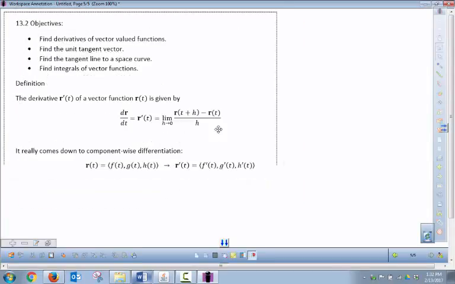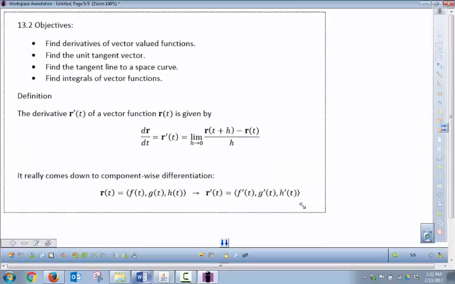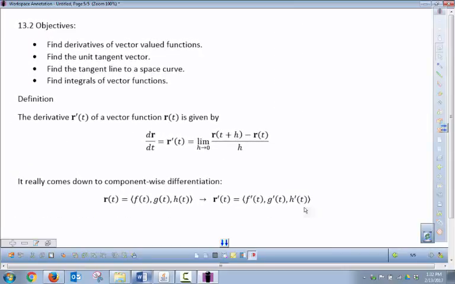There's an idea of a limit here too. I'm not going to talk much about limits. I think there's one problem in your homework to deal with limits, but really it's just putting in the t values and getting out whatever you get out. So let's focus more on the derivative and the integral of vector-valued functions.